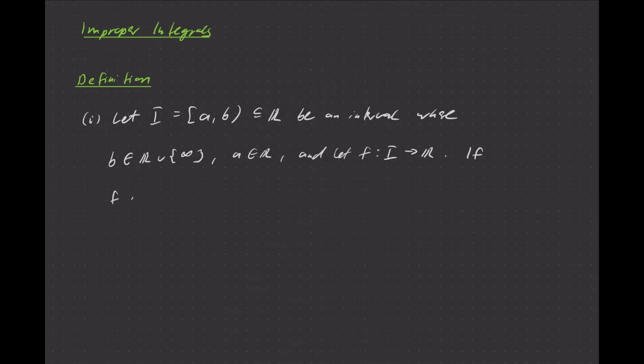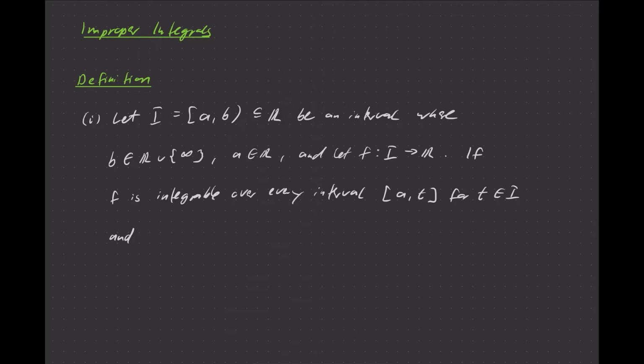Now, if f can be integrated, so if f is integrable over every interval that is bounded and contained in this interval I, so every interval of the form [a, t], with t in I, then we can try to move t towards b, so we can take the limit of t towards b, and hope that this limit exists.